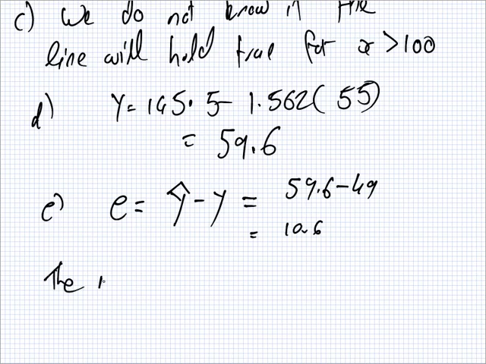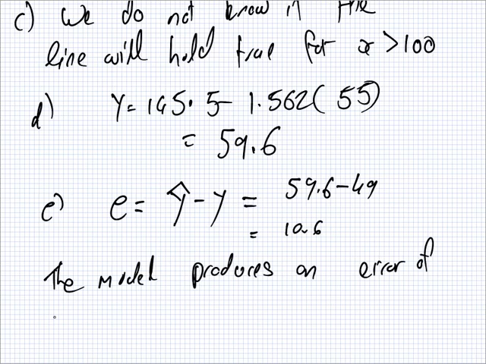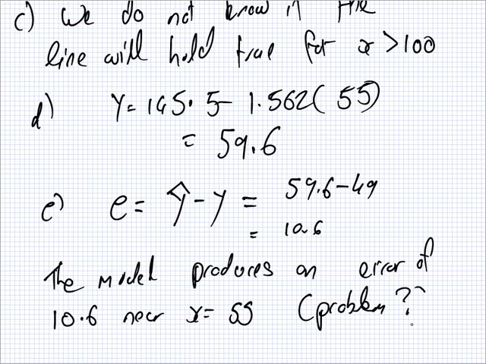The model produces an error of 10.6 near x equals 55. And then maybe there's some problem with the data, maybe it's not a nice straight line, you don't know. Okay, next part.